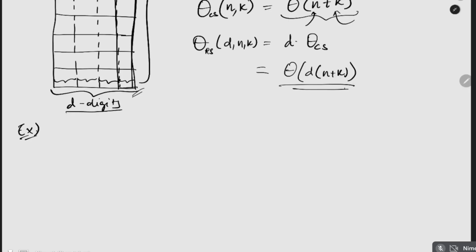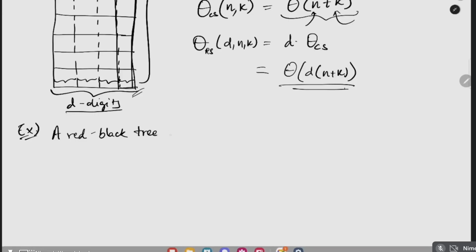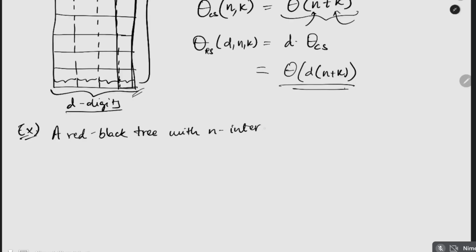Let's take another example. A red black tree with n internal nodes has height what?